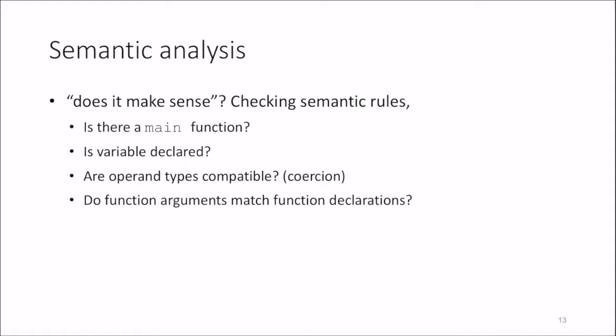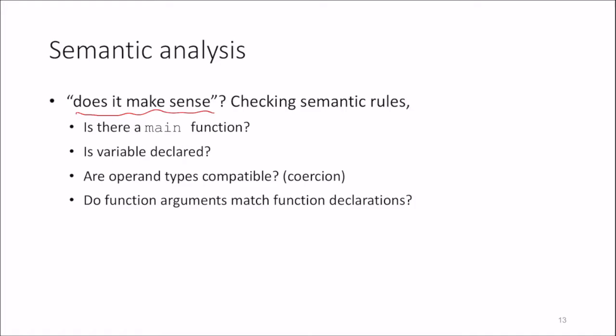So before we sort of try to generate code, we want to look at the symbol table and the structure of the abstract syntax tree we have so far and ask the question, does it make sense, right? So that's at a high, very abstract level what semantic analysis is, to answer that question.